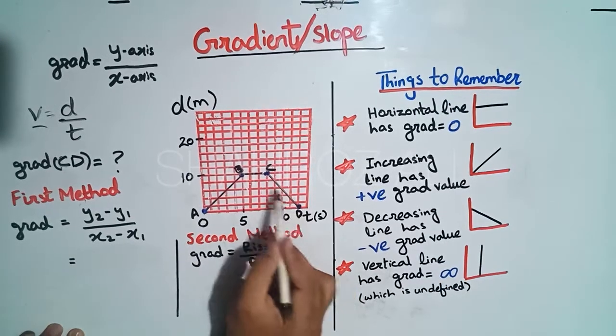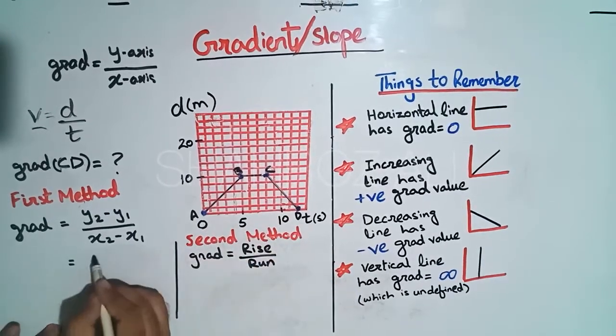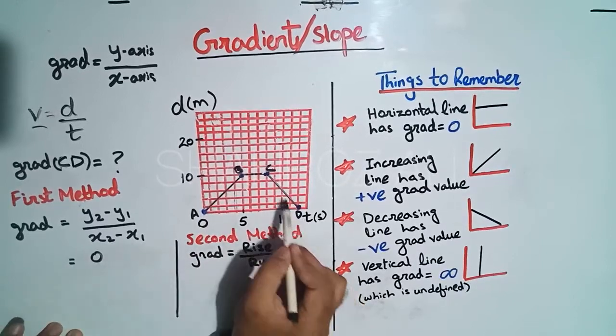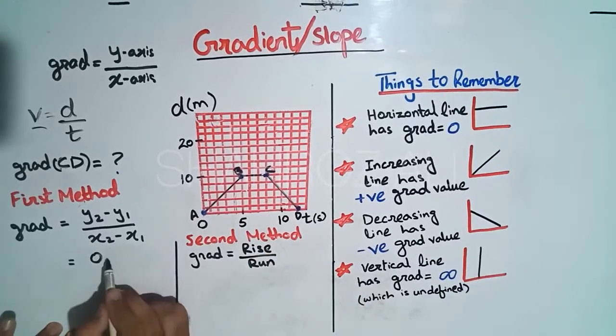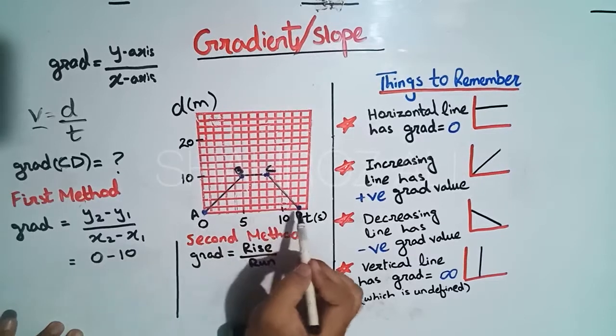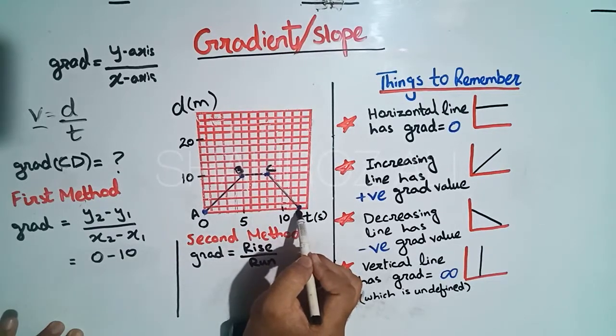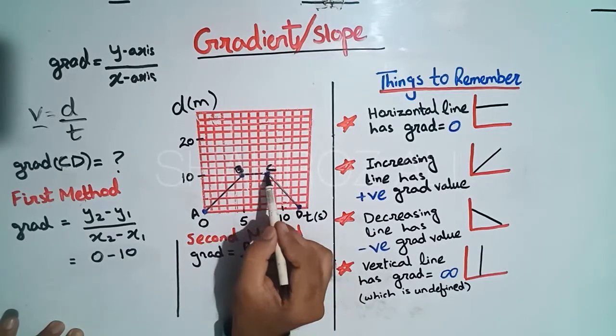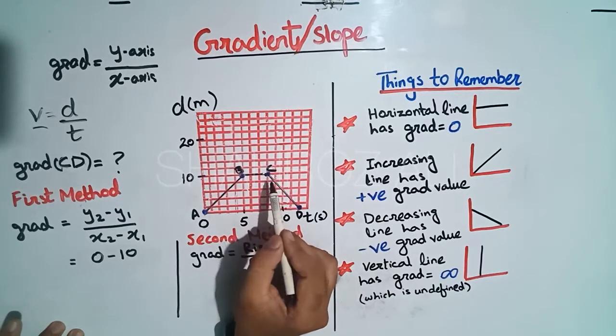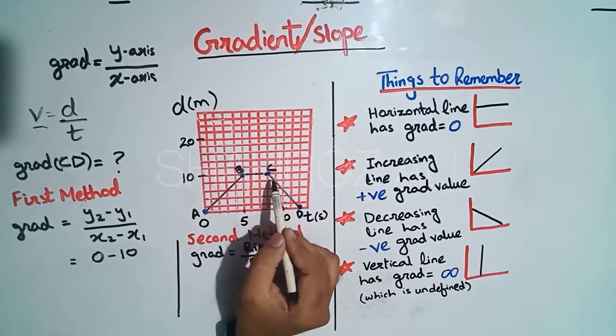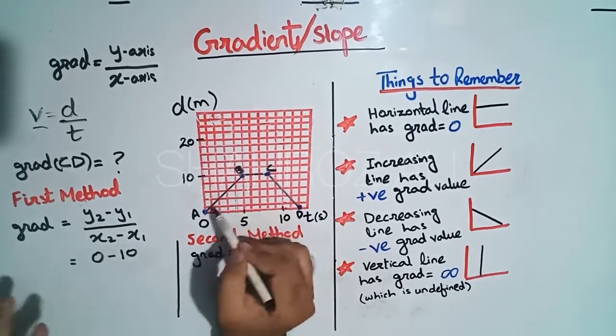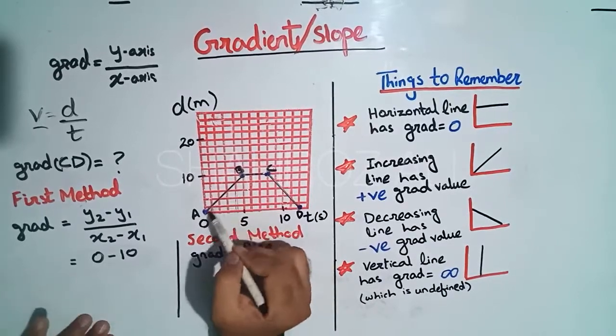The value of y2 is 0, and the value of y1 is minus 10, because every point will give you two values, y2 and x2, y1 and x1, like you have taken before for your two lines A to B and B to C.